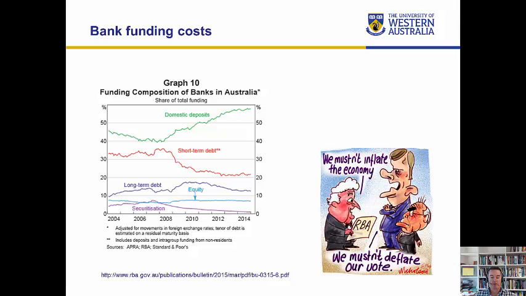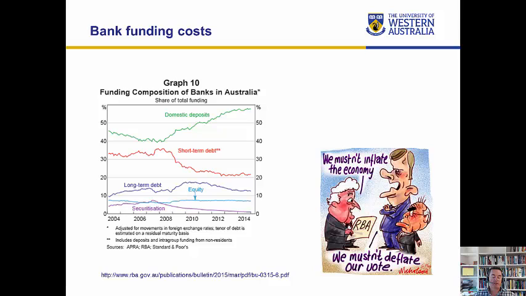So the banks would have had to have held back some of the cuts in the cash rate simply to compensate them for the fact that they were moving away from cheap short-term debt to more expensive long-term debt. Now, in terms of why they actually changed the funding composition towards long-term debt and towards domestic deposits, it was simply risk management.